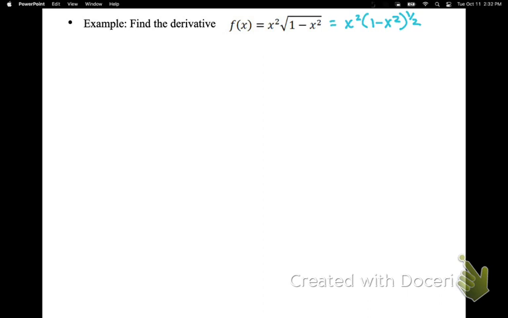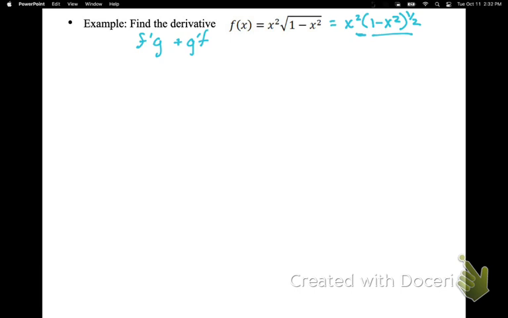Okay, so we are going to have to do the product and the chain rule. Because we have a multiplication right here. And then we have a composition of functions there. So remember the product is f prime g plus g prime f. Yep. Okay.